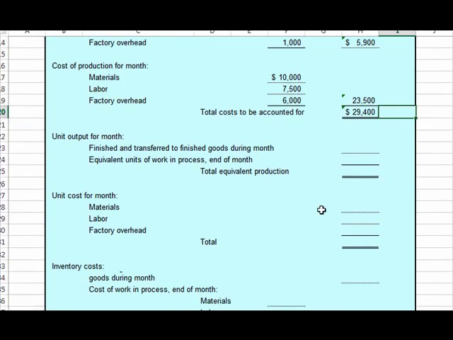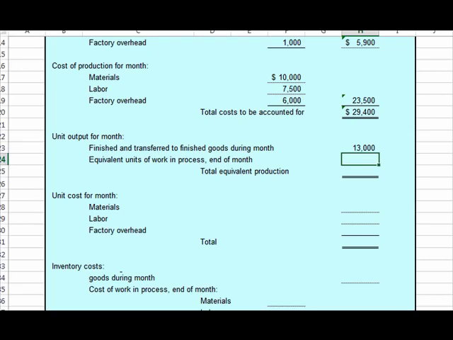Okay, so we first want to determine how many units should be included in output for the month of October. The number of units finished and transferred to finished goods during the month is 13,000. All right, the equivalent units of work in process at the end of the month.